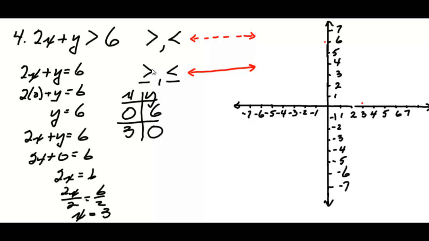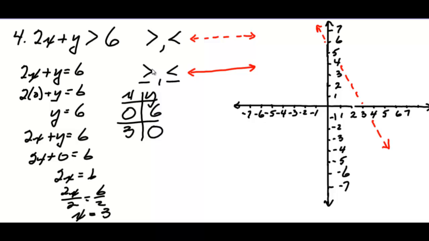And when I went to graph that, because it happens to be a greater than but not greater than or equal to, I would do dashed lines. I'm just going to put some of those dashes in there, making it a little easier for me to erase when we do the next problem. And then I put my arrows in.